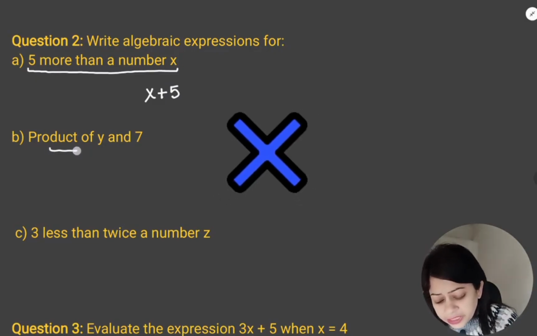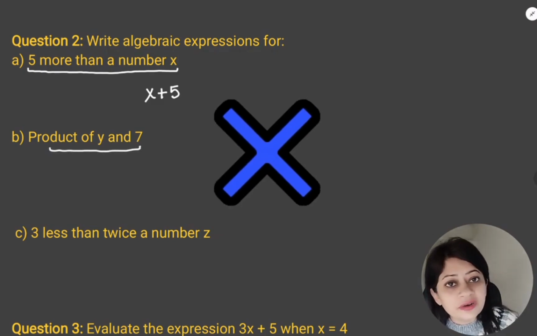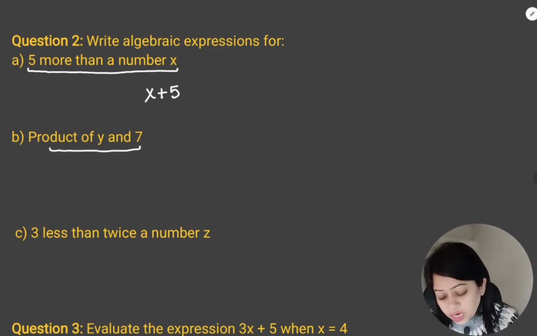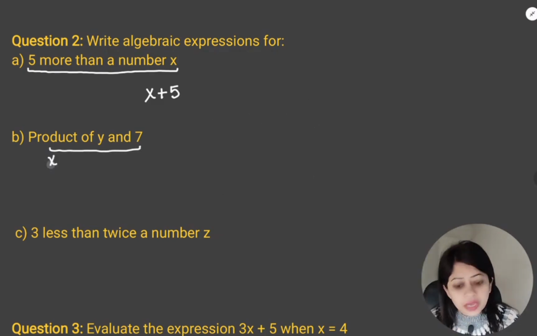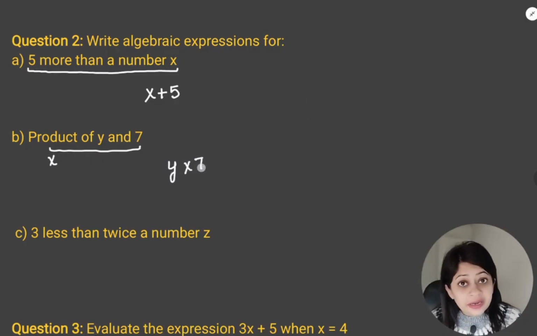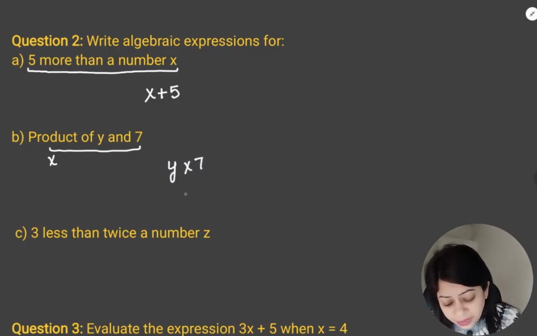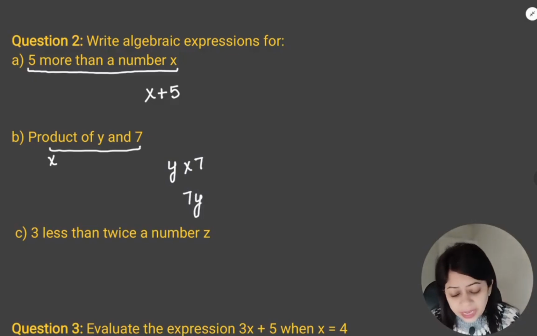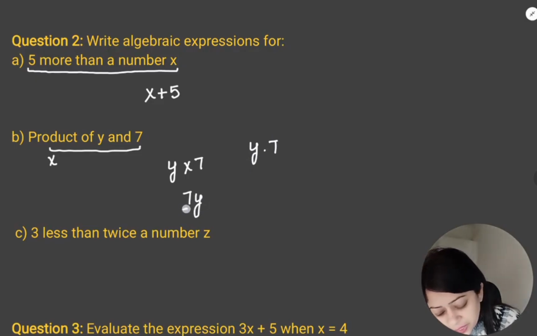Question B is the product of y and 7. What is the meaning of product? Product means when we multiply. So y multiply 7, and you generally write it as 7y. Y times 7 you can write, because generally when we write expressions, we write the constant term first and then the variable.